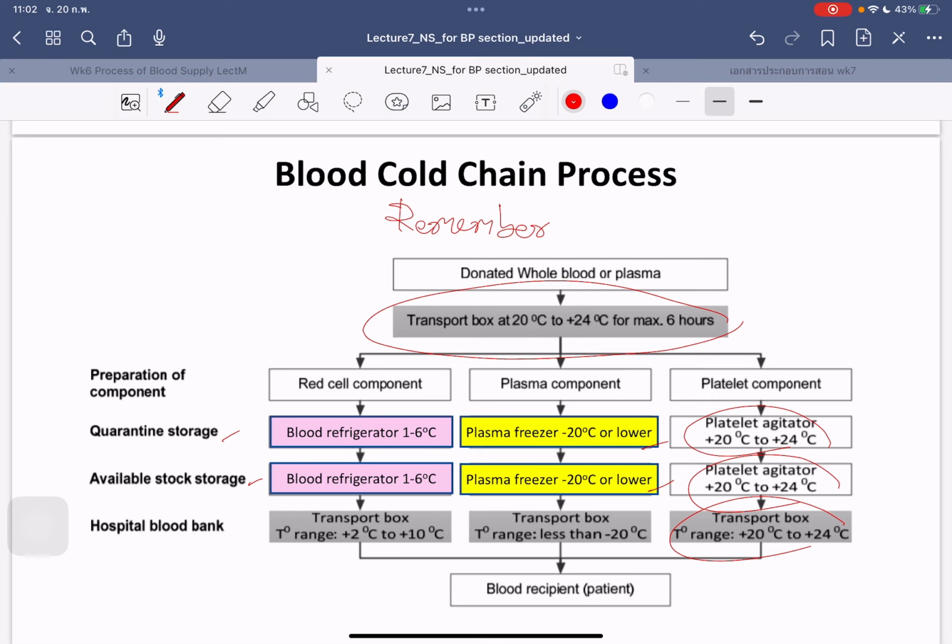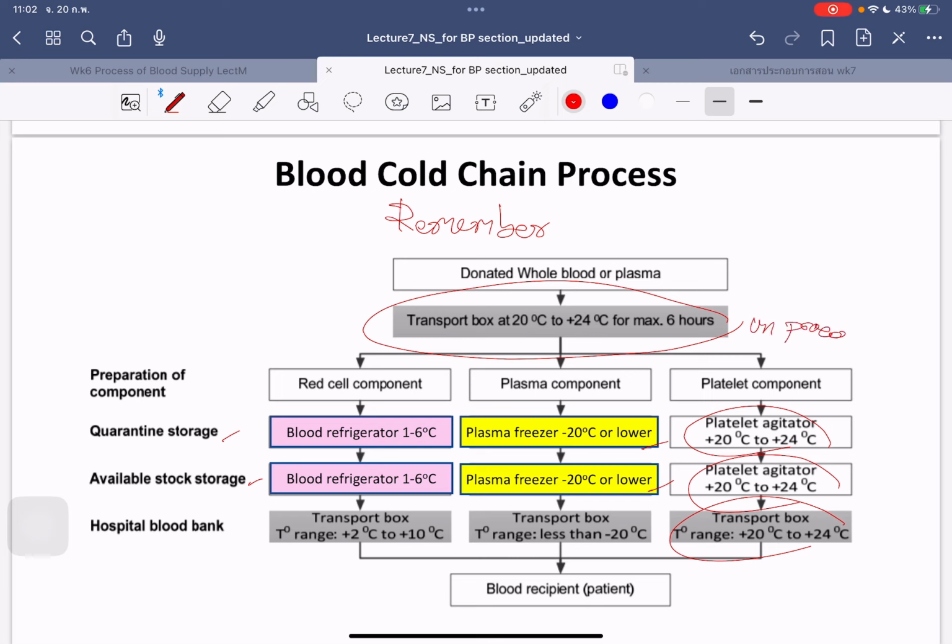So among these 3 components, platelets are at the same temperature as unprocessed blood, right? Yes, this is why unprocessed blood should be stored at 20 to 24 degrees Celsius.